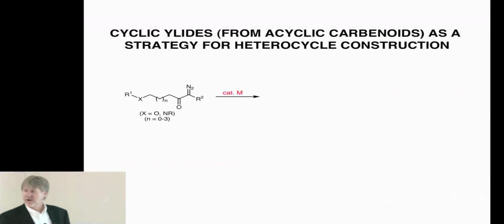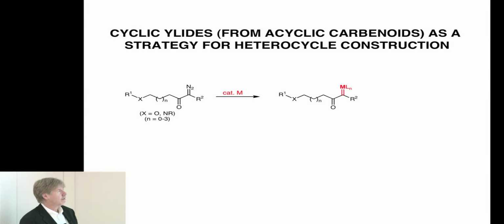Back when I first started at the University of Utah, this was one of the ideas that we had. The idea was, if we started out with an acyclic molecule in which we have a diazo compound and an oxygen or nitrogen group at the end of the chain, that we might be able to convert this diazo intermediate into a metallocarbene.